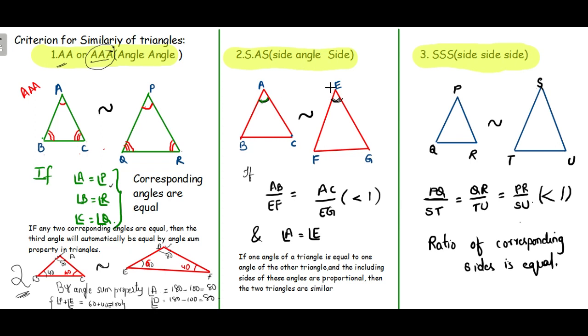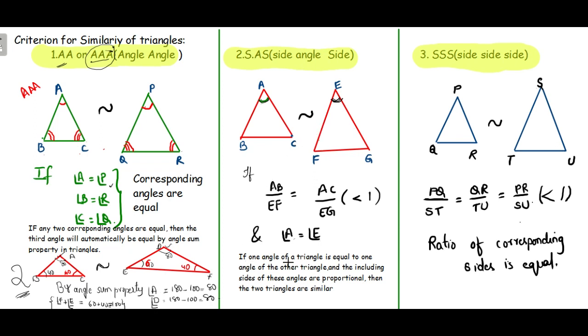AB and AC, and this is EF and EG. So, if these sides are proportional, like AB upon EF is equal to AC upon EG, and these two angles are equal, angle A is equal to angle E, then these two triangles are said to be similar to each other.